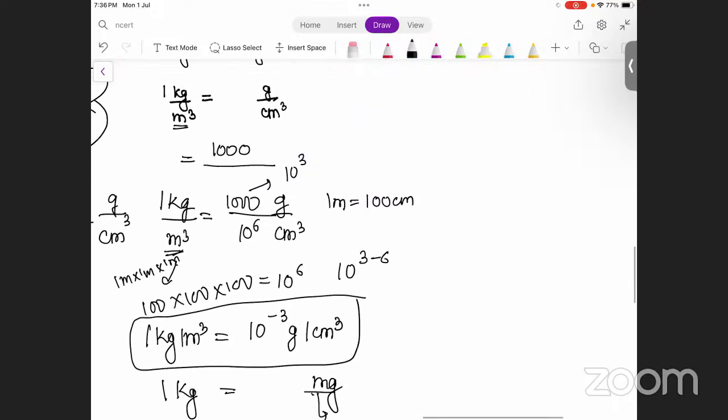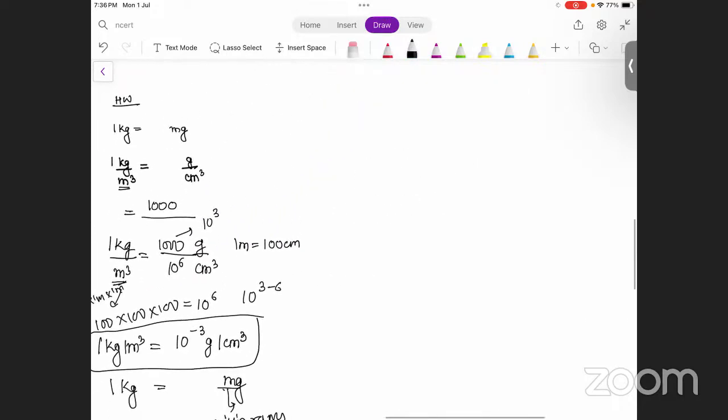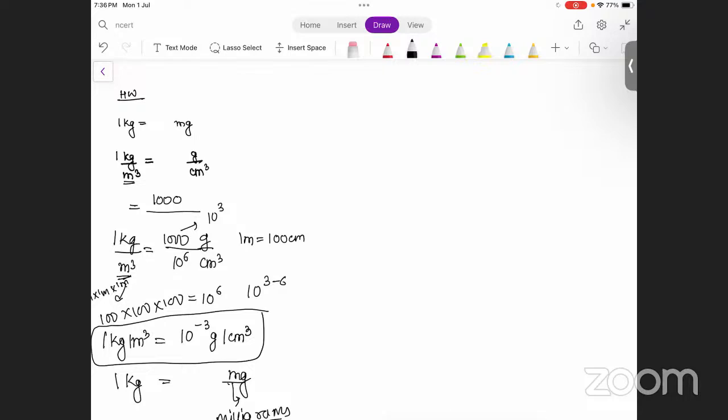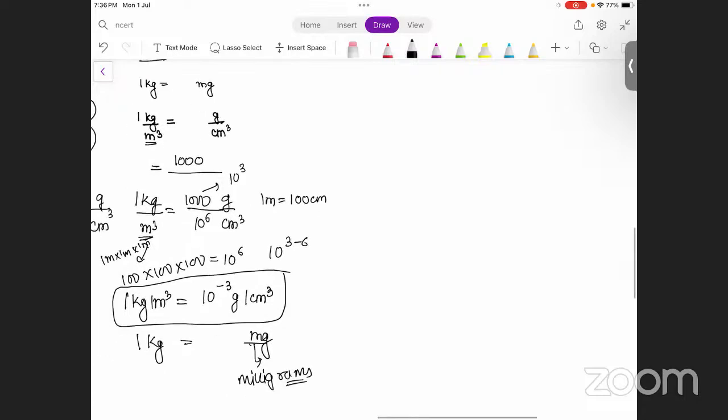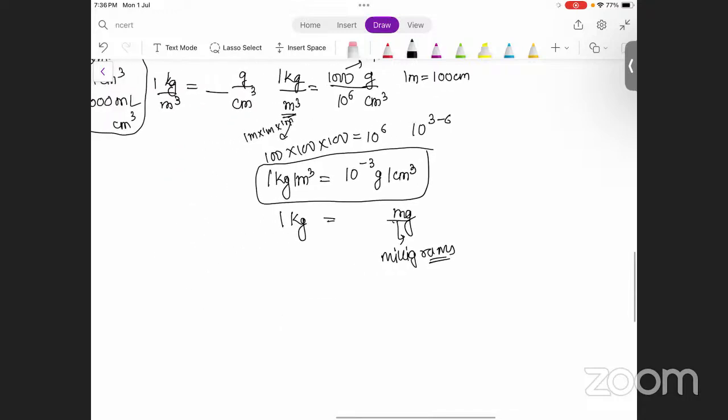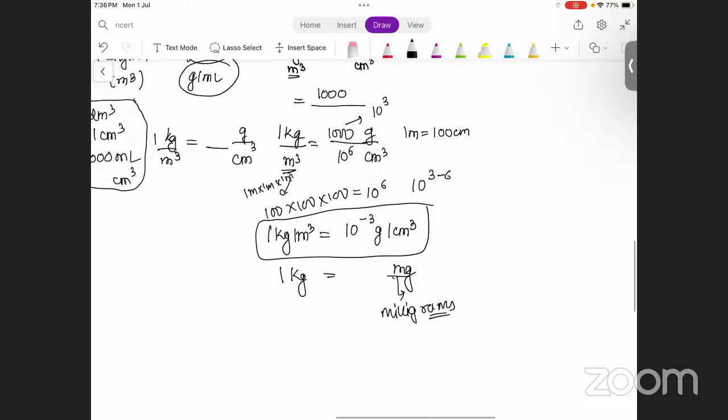So with this, we'll move on. What is the relationship between... Deepika has answered this as 1000. So how is it 1000? You don't have to just give a random answer. See, I did the whole thing here, correct? So you have to do the things in the same sequence.